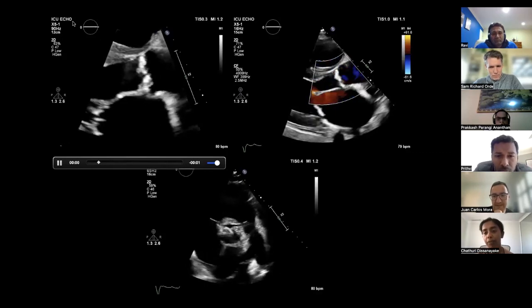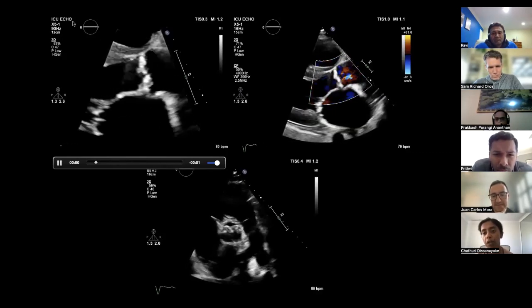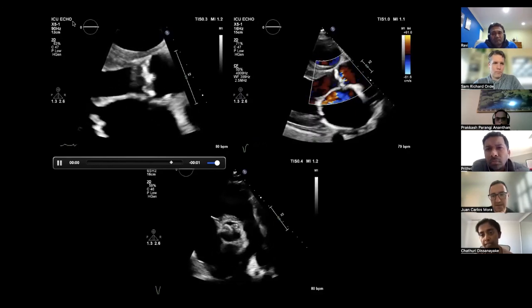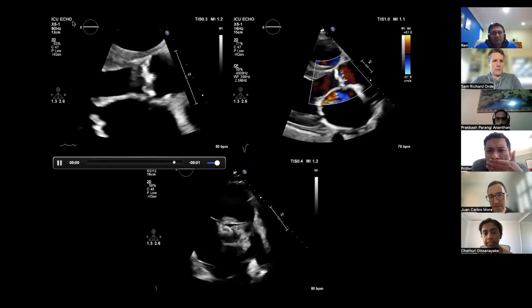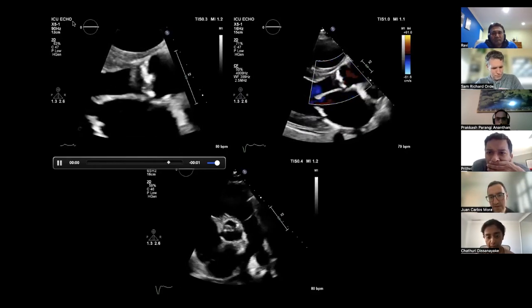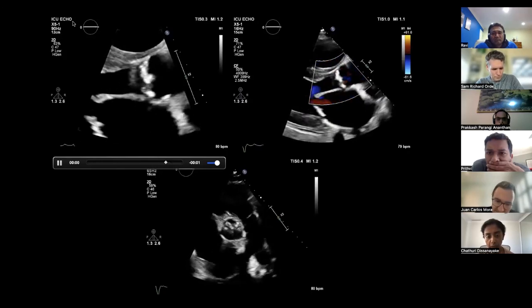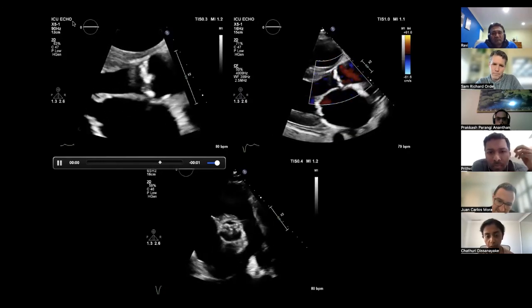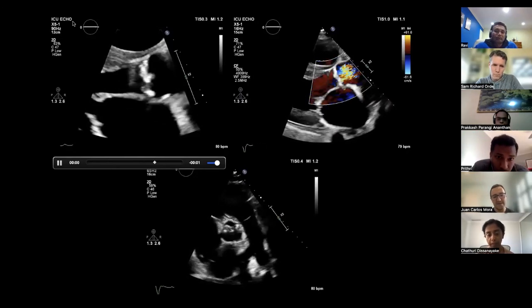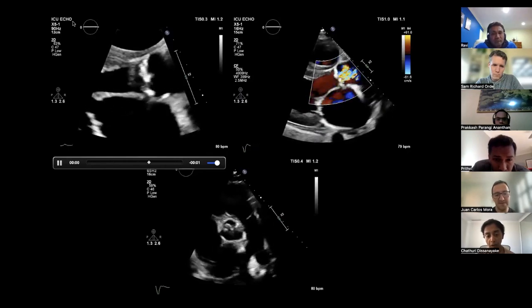The color Doppler through the aortic valve shows high velocity through that aortic valve with several jets, suggesting a severely stenosed valve on color Doppler as well. The short axis through the same shows a severely thickened, calcific, stenosed aortic valve with very little separation of the cusps.